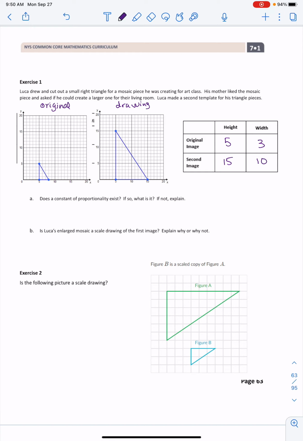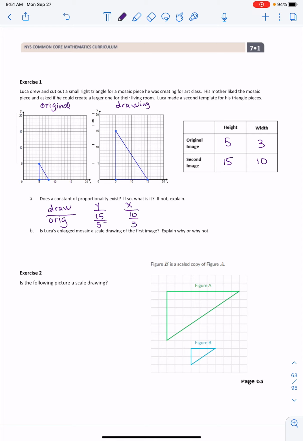So it says, does a constant of proportionality exist? Well, if we do the drawing over the original, and we do y over x, the drawing, the y is 15, the x is 10, over the height of 5, over 3.